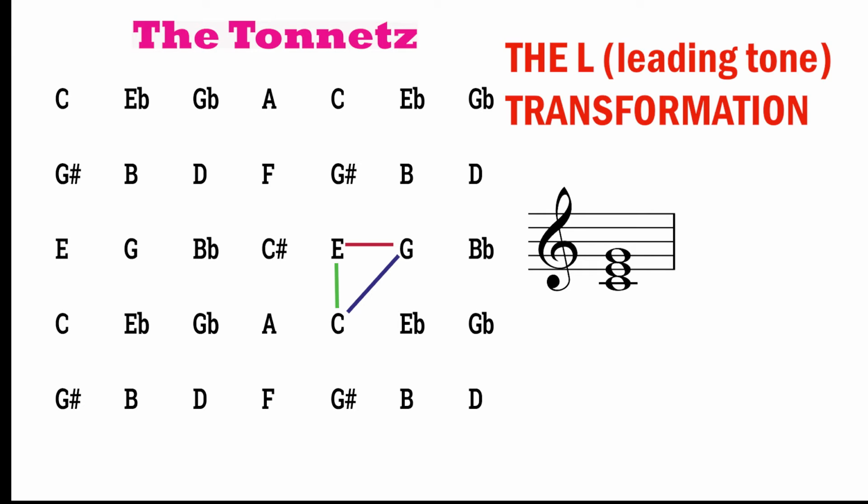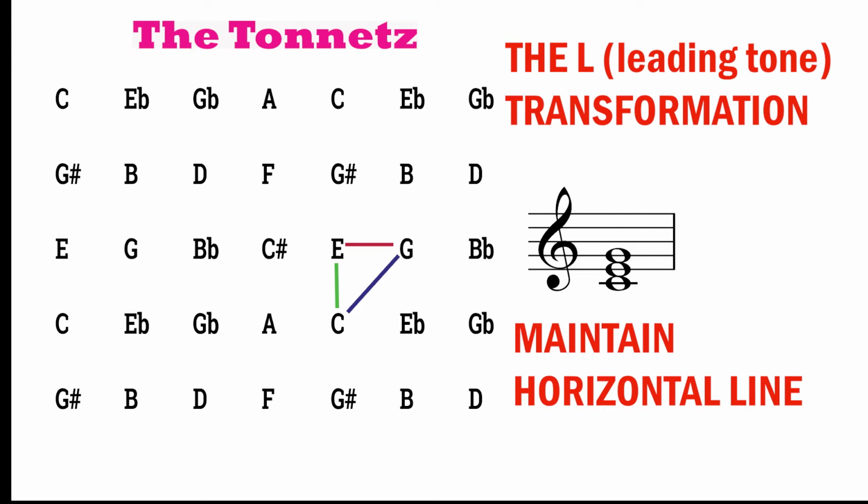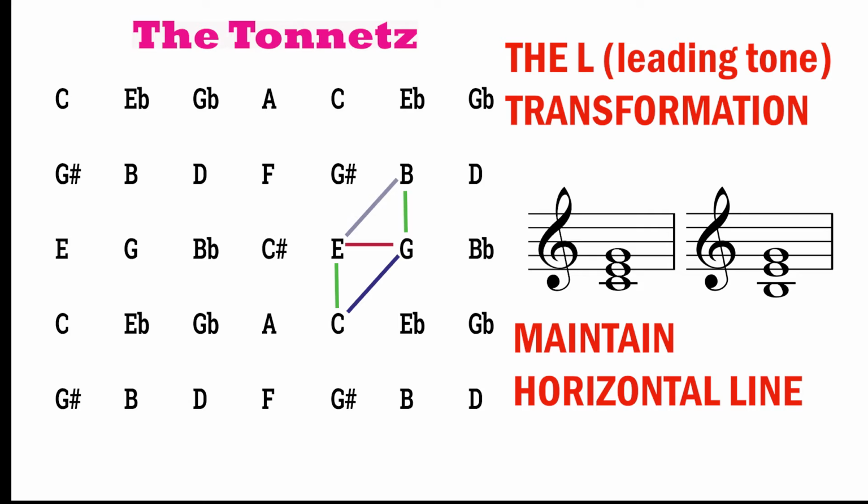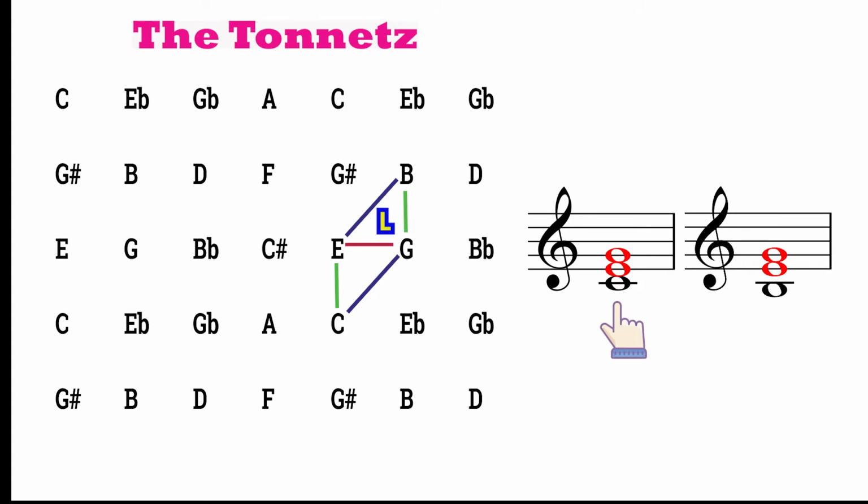Let's say an L, or leading tone, transformation. In this case, we would want to keep one of the other lines common. For a leading tone transformation, we maintain the horizontal or red line, common to both triangles. And you can see here that we've created an E minor triad with a leading tone relationship to the C chord. That's an L transformation.